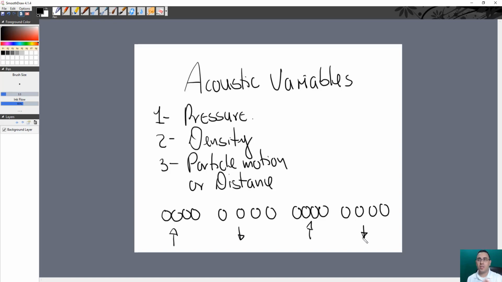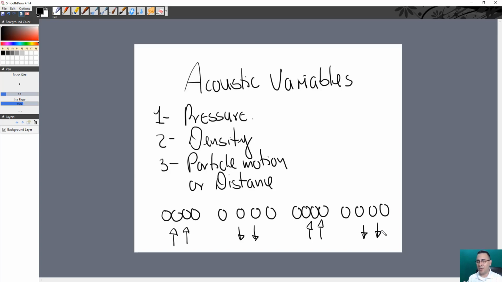That's why they're acoustic. Density is the same way: high here, low here, high, low. And the same for particle motion or distance. Sometimes the particles are close together, with the distance reduced, and then the particles are apart, where the distance is now greater. So pressure, density, and particle motion are the acoustic variables.